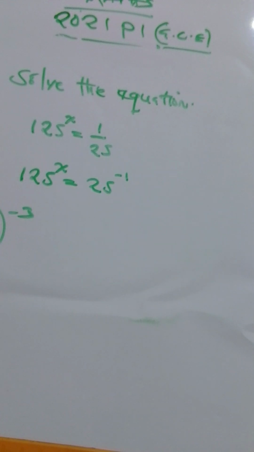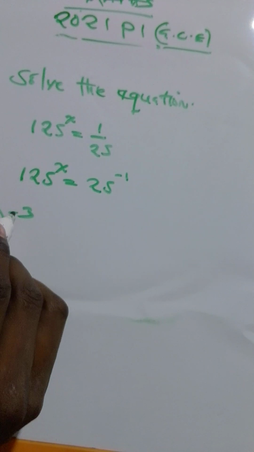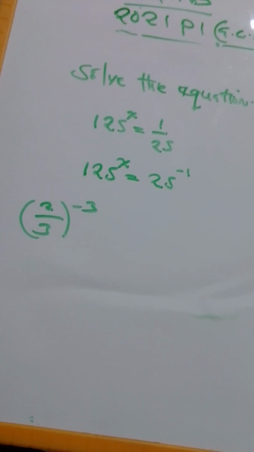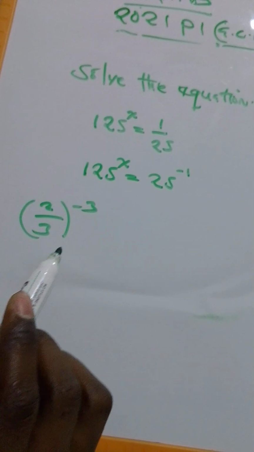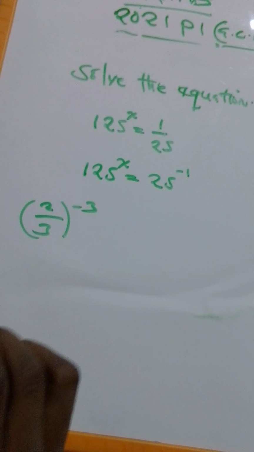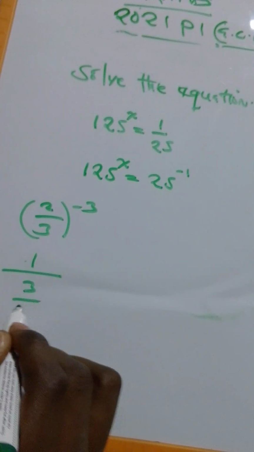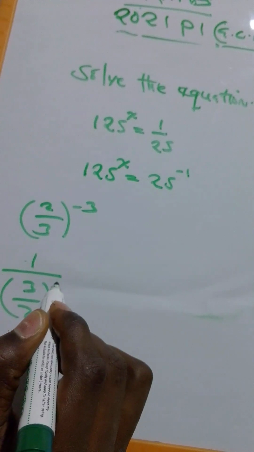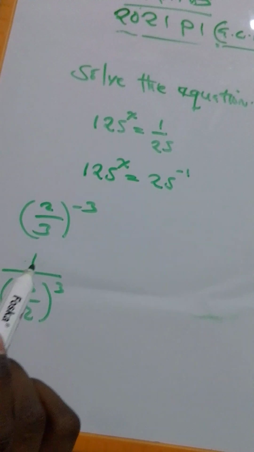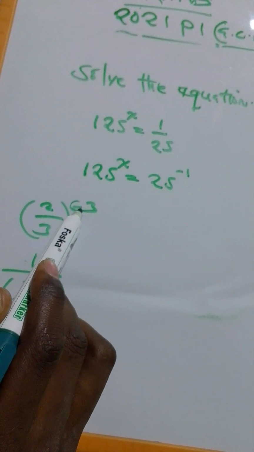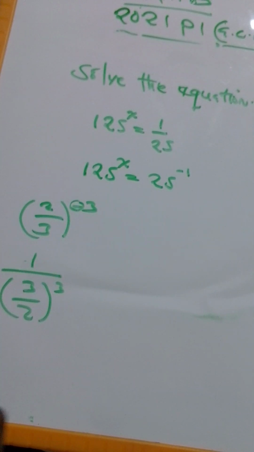Number one, for you to get rid of this negative, when you have been given something like this, if you want to remove this negative, what you can say now is that you can say 1 over 3 over 2, then you put your 3 here. It means this 1 over has eliminated this part. So this was the same situation there.